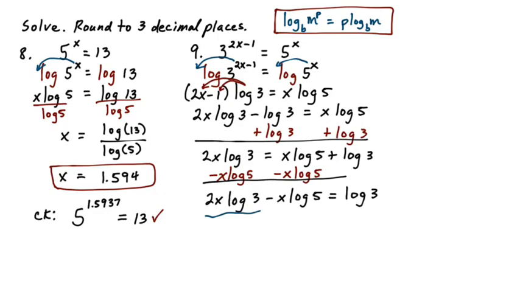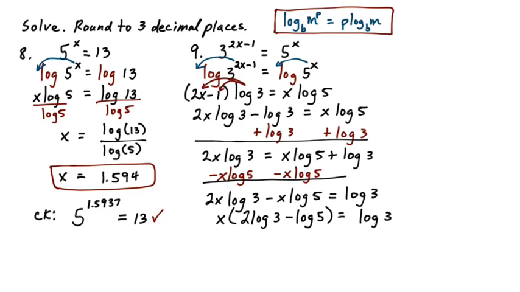Now notice for these two terms I have a common factor. It's my only common factor for these two terms. It's x. And so I'm going to factor out an x on the left side, a GCF of x. This becomes x times 2 log of 3 minus log of 5. If you distribute here, you get this. If you distribute here, you get that. And on the other side, we're going to have just log 3.